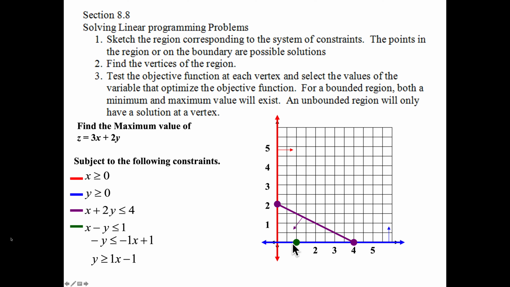So we have a slope of 1, and you could have gotten that from negative a over b. A was 1, so that's negative 1. B is negative 1, so negative 1 over negative 1 is a positive 1. So we'll go up 1 unit, to the right 1. There's that point, and we can draw our line. If you test the origin, 0 minus 0 is less than 1, which is true.